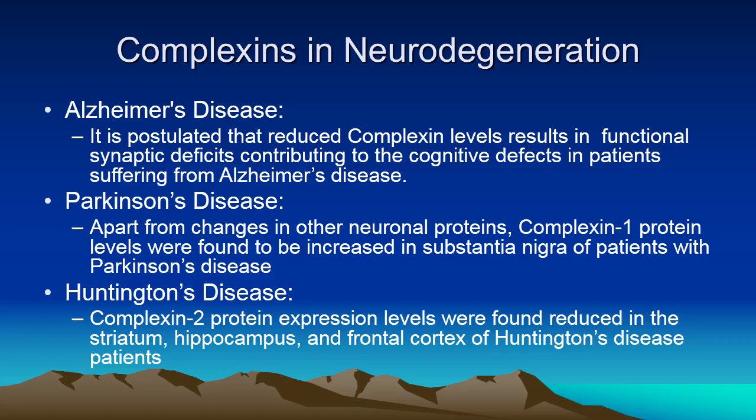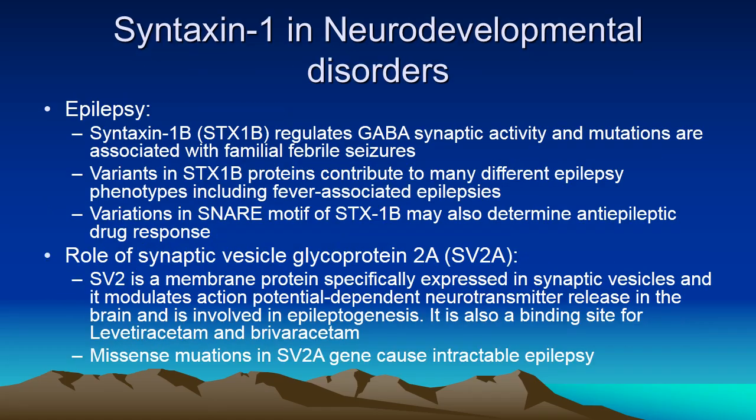In Parkinson's neurodegenerative disease, apart from changes in neurotransmitters and neuronal proteins, complexin 1 protein is also found to be increased in the substantia nigra. In Huntington chorea, complexin 2 protein levels are found to be reduced in the striatum, hippocampus and frontal cortex. Now, the role of syntaxin 1 in epilepsy.